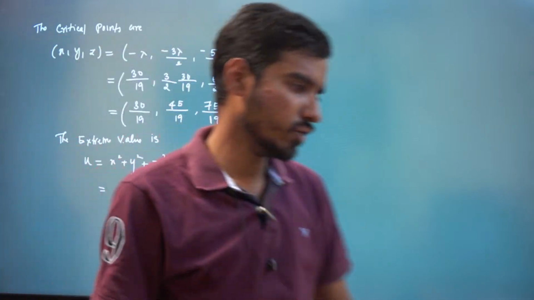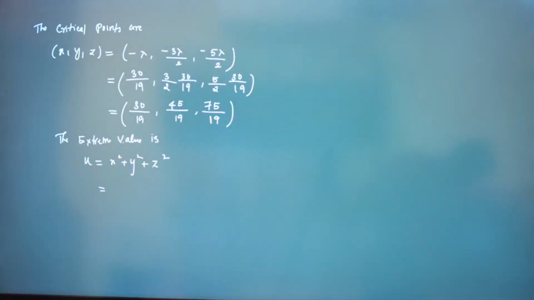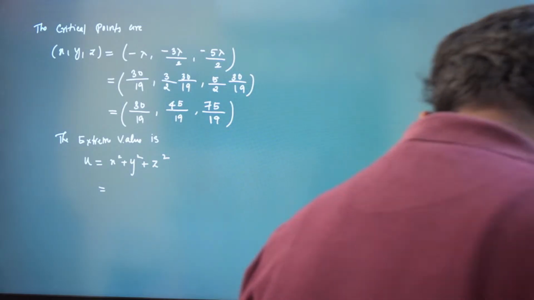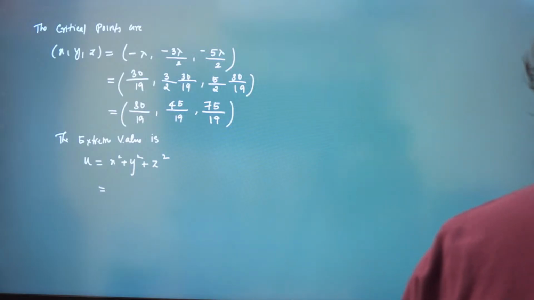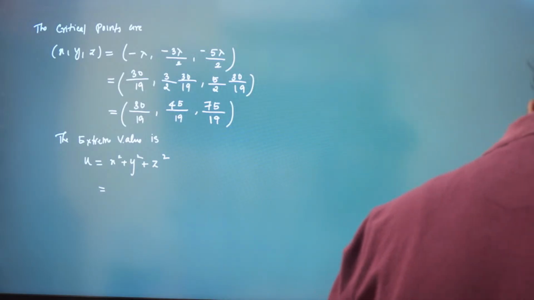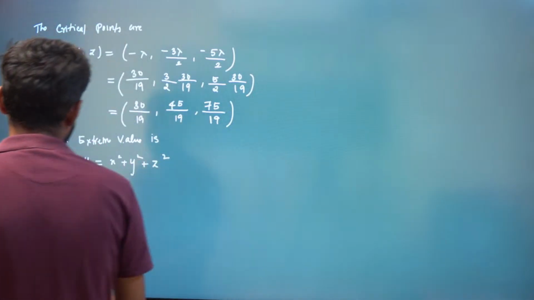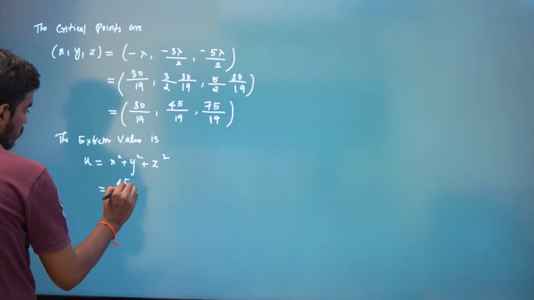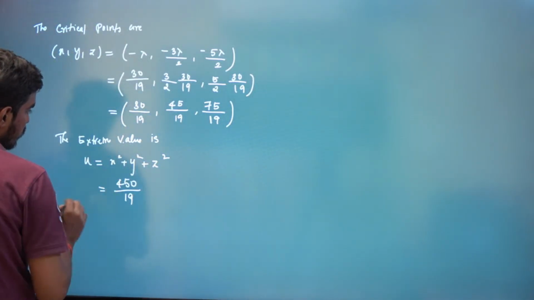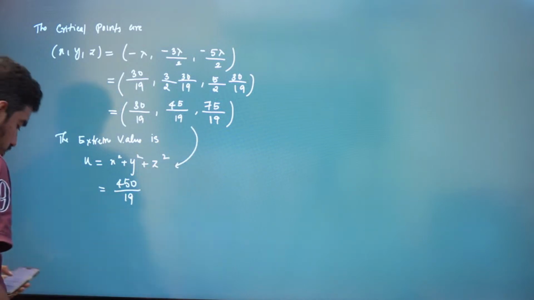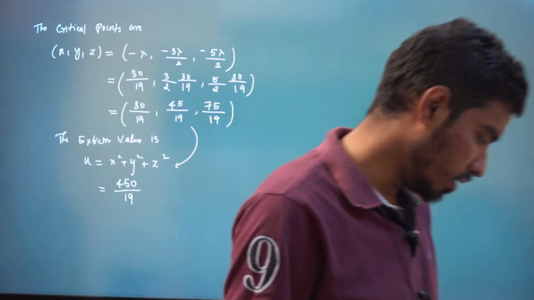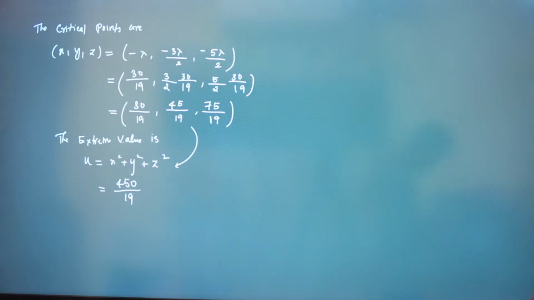If you calculate, I'll directly give the answer: you'll get 450/19. You have to substitute that point here and simplify, and you'll get the answer.